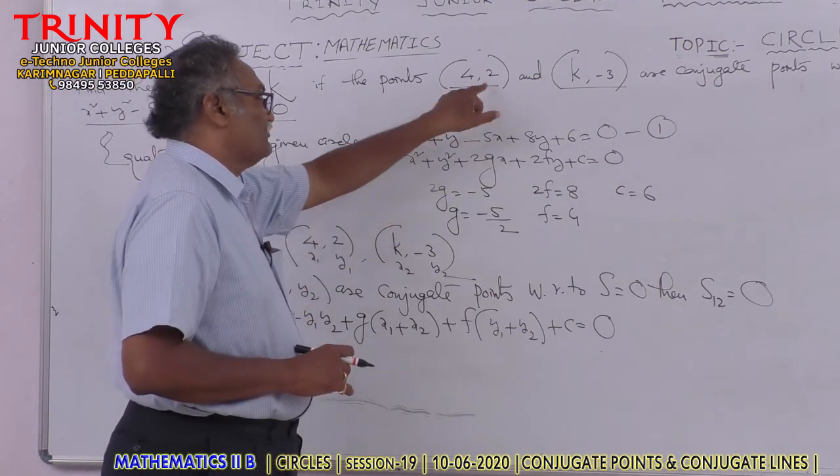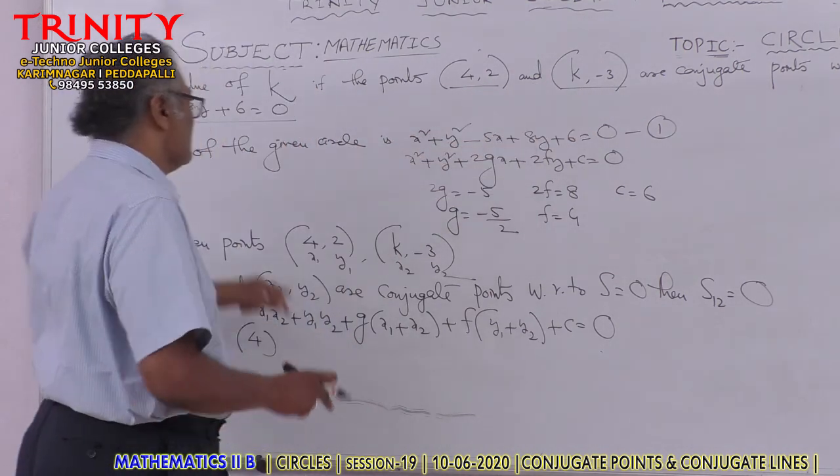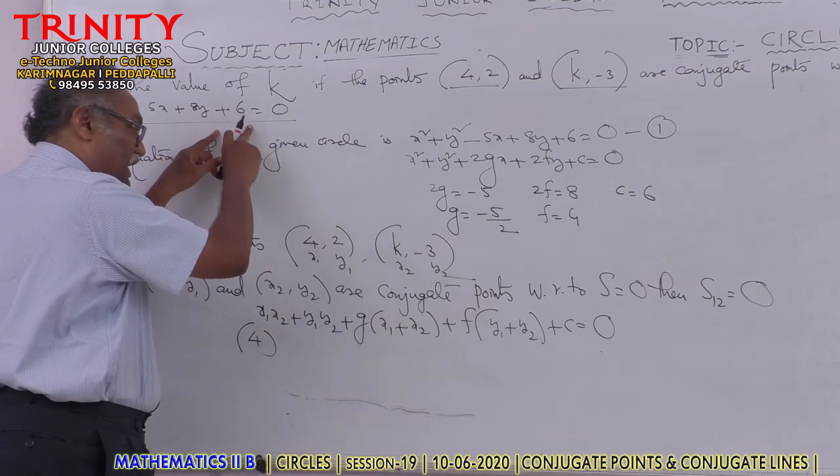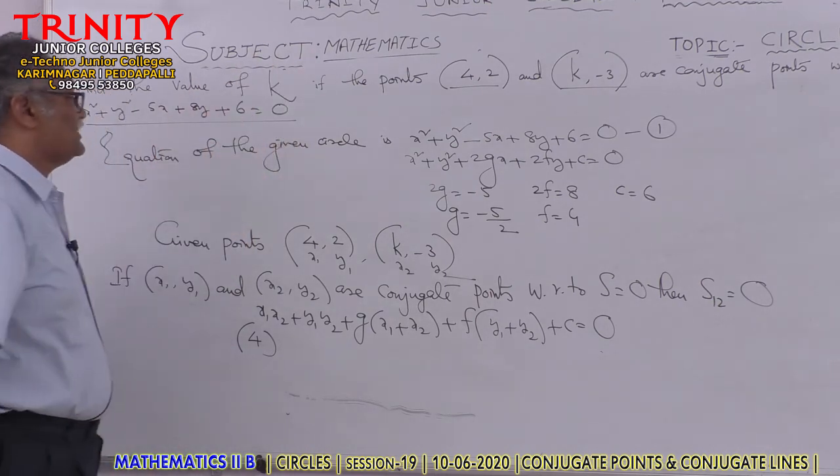Here the question is, if these 2 points are conjugate points with respect to this circle, then find the value of k.